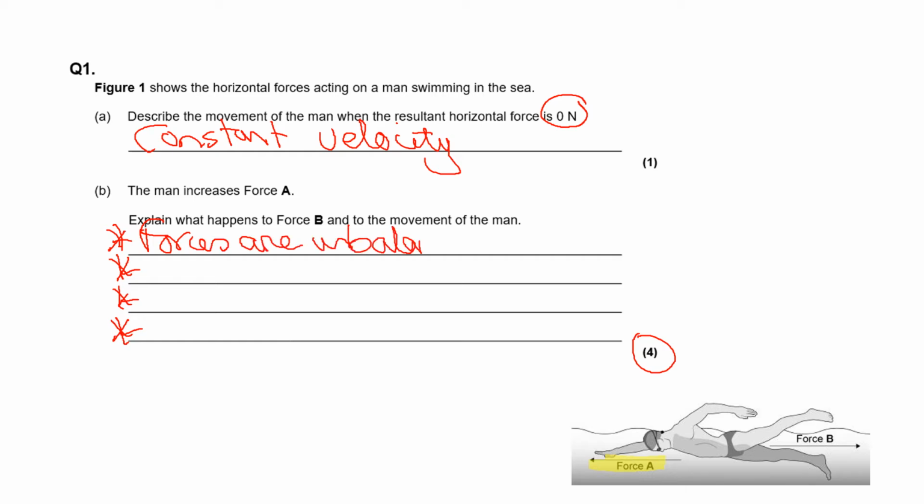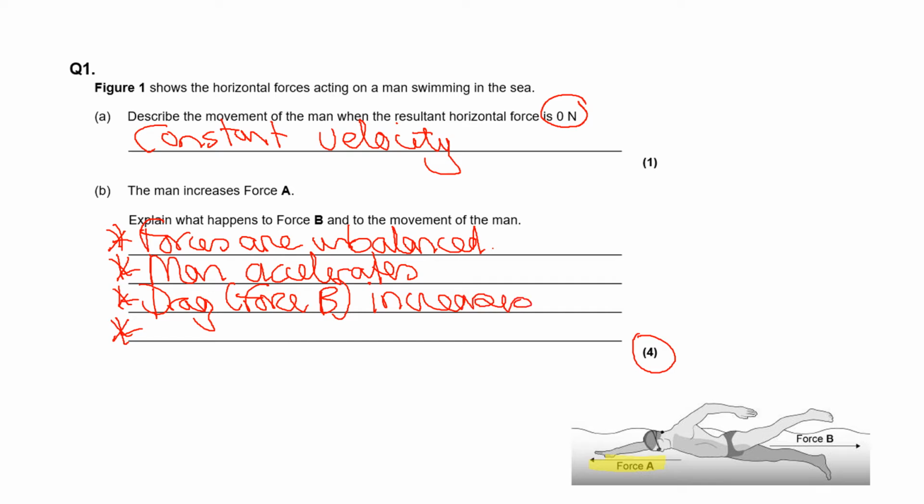Now, if the forces are unbalanced, then we know that the man must accelerate. So Newton's first law tells us that if we've got unbalanced forces or a resultant force, then you accelerate. As he accelerates, then force B, which is obviously drag, is going to increase because the faster you go, the higher the drag. So the drag, and in this case, do call it force B because it mentions that in the question, increases.